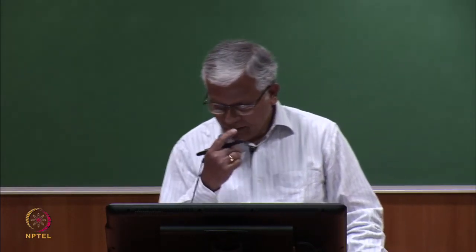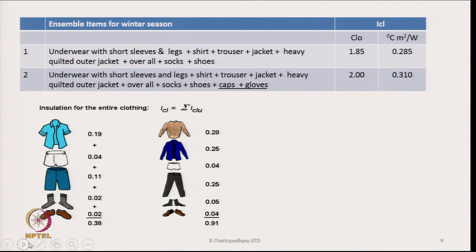Now, here what we see in this diagram or table is a typical example of an ensemble for the winter season. Like ensemble 1, the list consists of underwear with short sleeves and legs, plus a shirt, plus trousers, jacket, heavy quilted outer jacket, overall, socks and shoes.